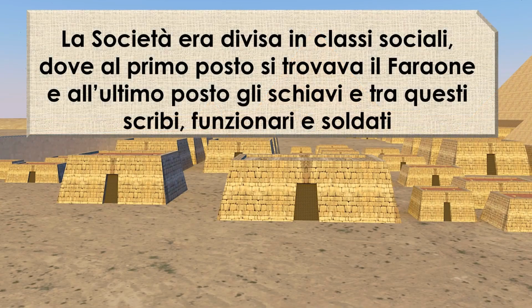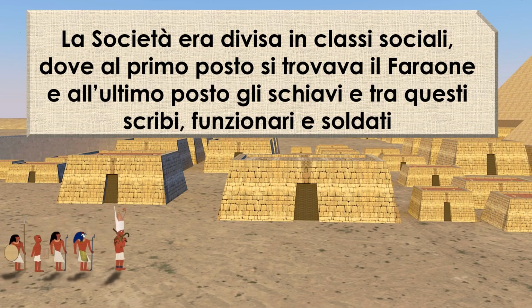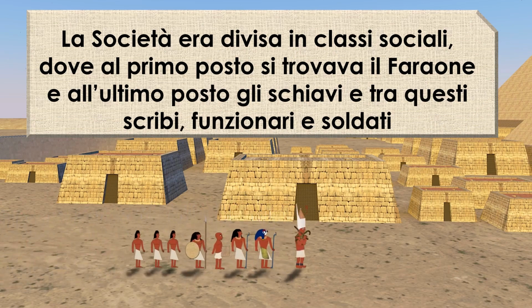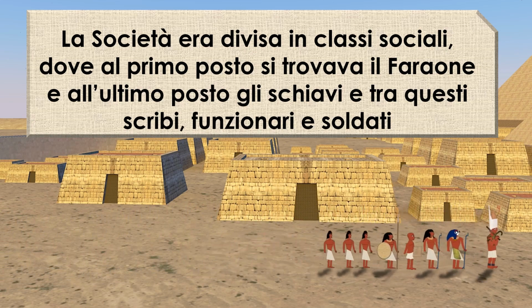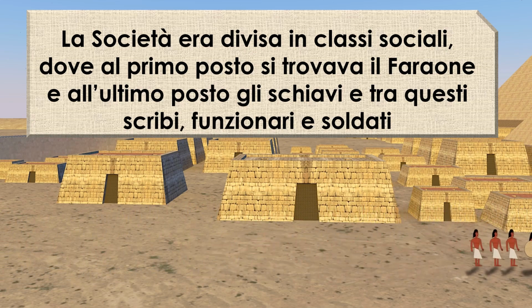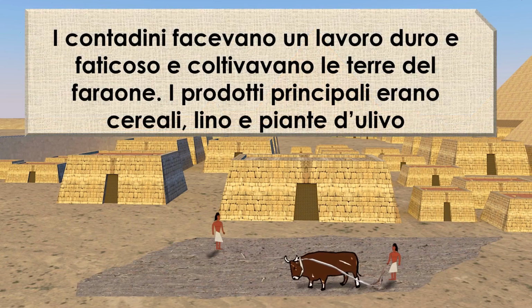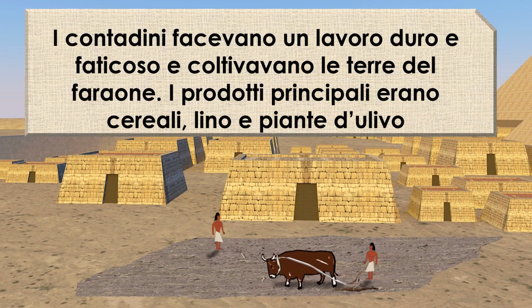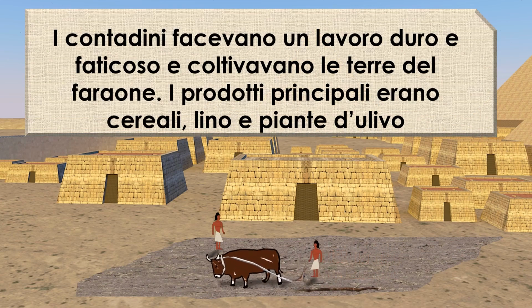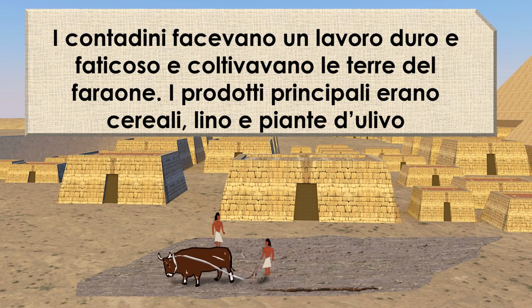Society was divided into social classes, where at the first place was the pharaoh, and at the last place the slaves, and among them scribes, officials, and soldiers. Farmers did hard and strenuous work and cultivated Pharaoh's land. The main products were grains, flax, and olive plants.